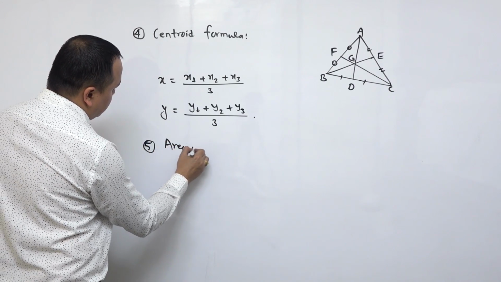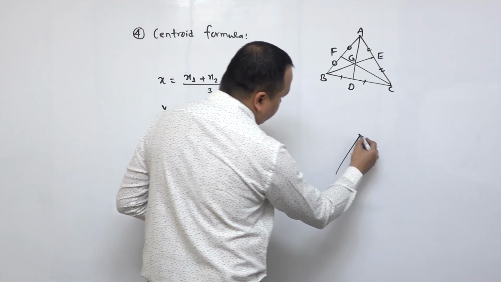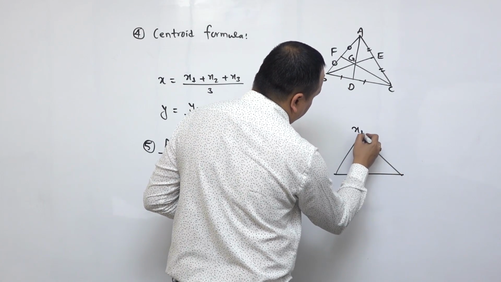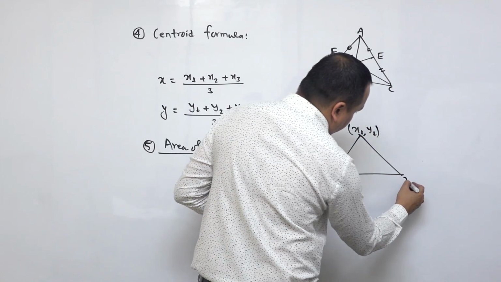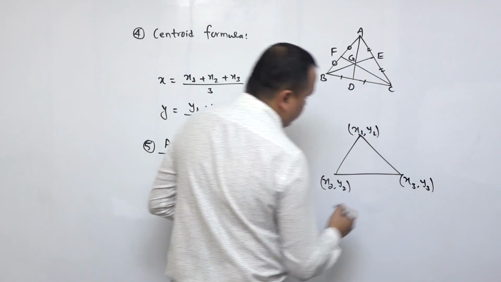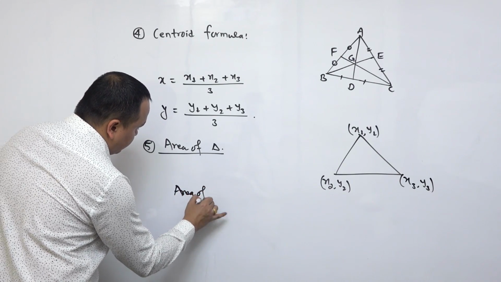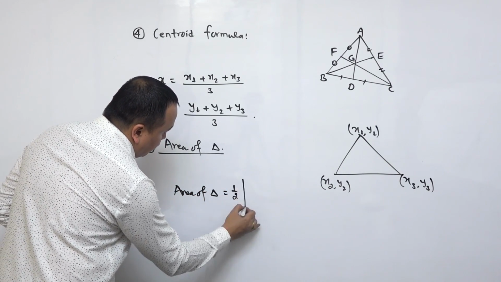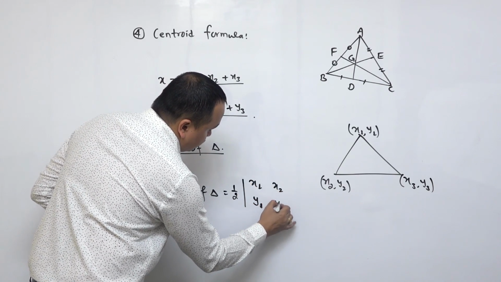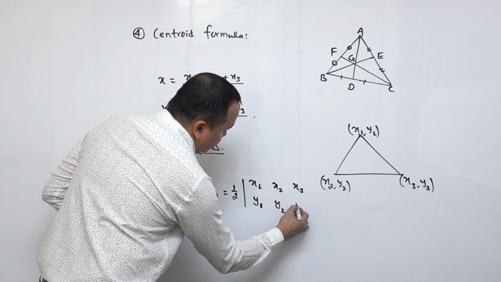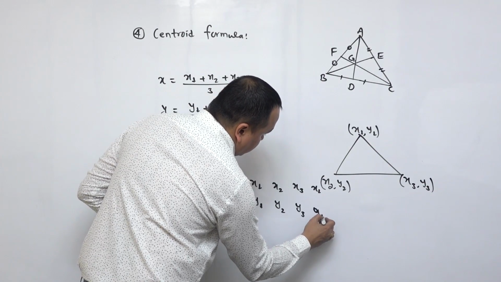Area of triangle. Area of triangle is equal to 1 upon 2 times the determinant of x1 y1, x2 y2, x3 y3, x1 y1.